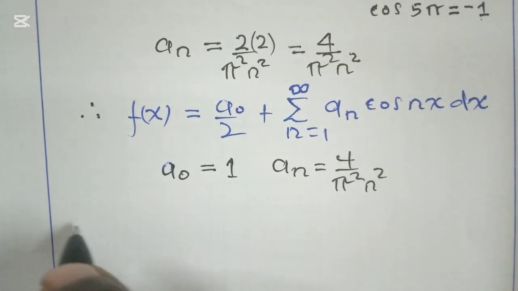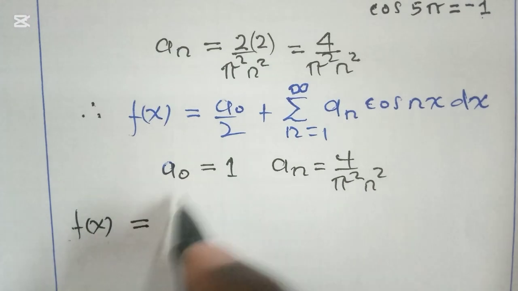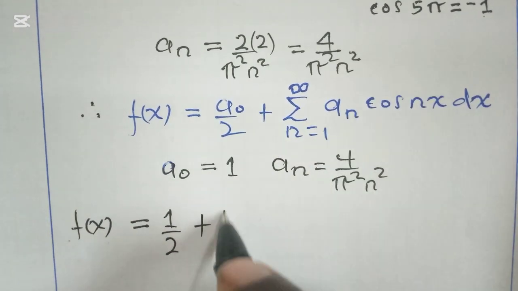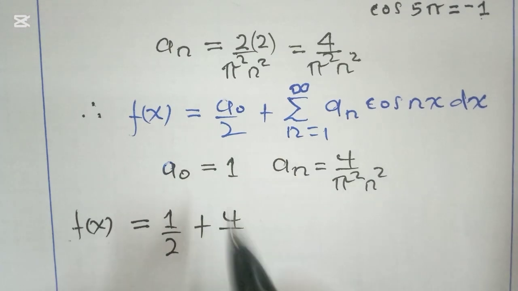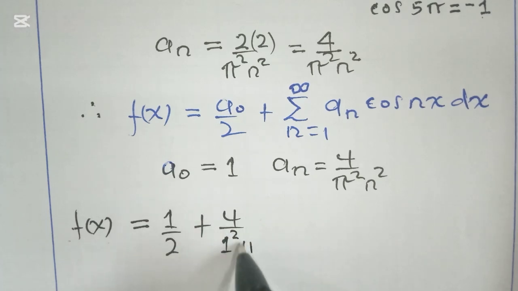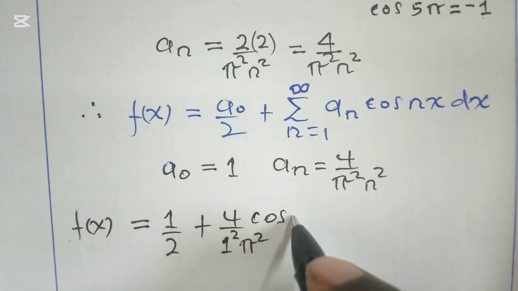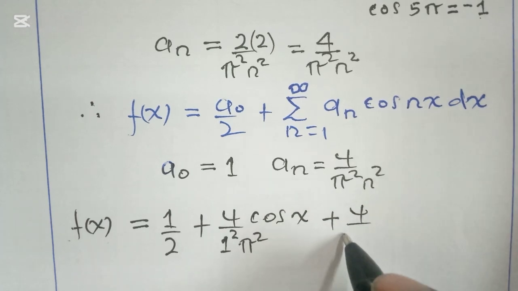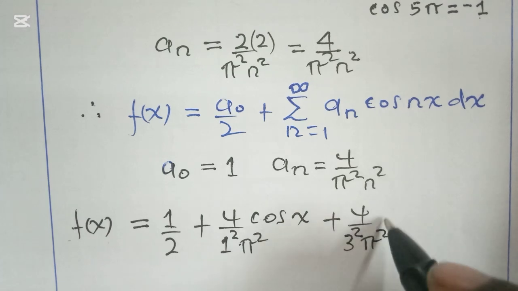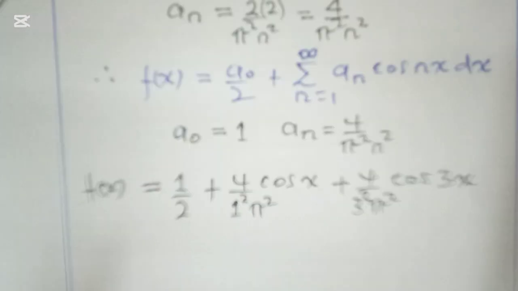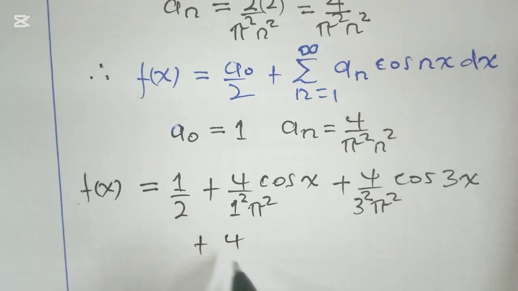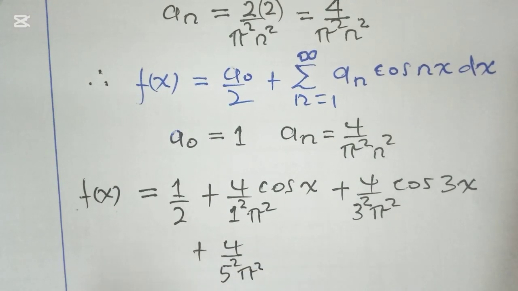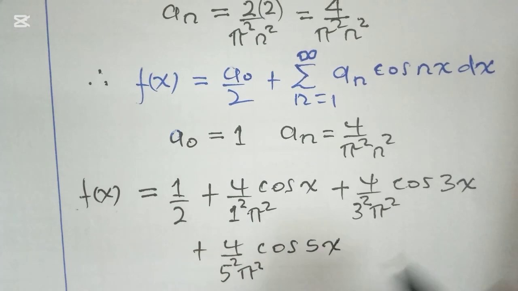And so f(x) will now be equal to A0, which is 1 all over 2, plus 4 all over 1 squared pi squared cos x, where n is 1, plus 4 all over 3 squared pi squared cos 3x, plus, 4 is a constant and will not change, 4 all over 5 squared pi squared cos 5x, and so on.